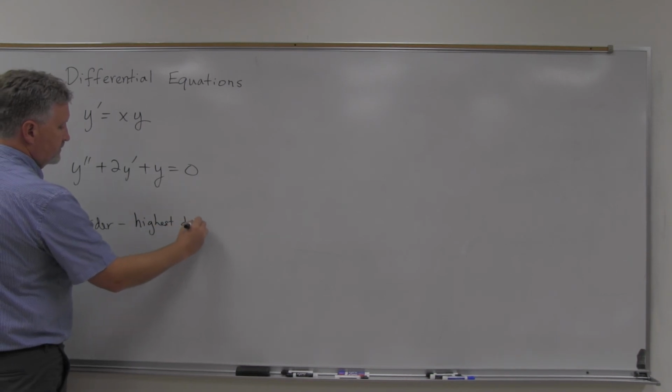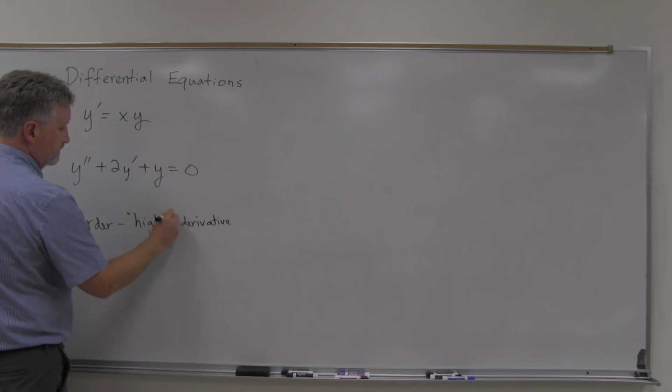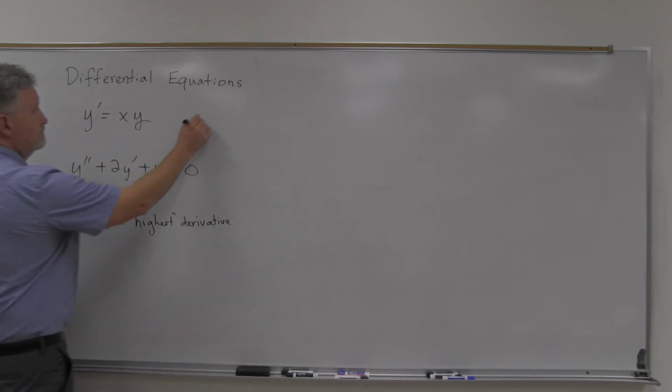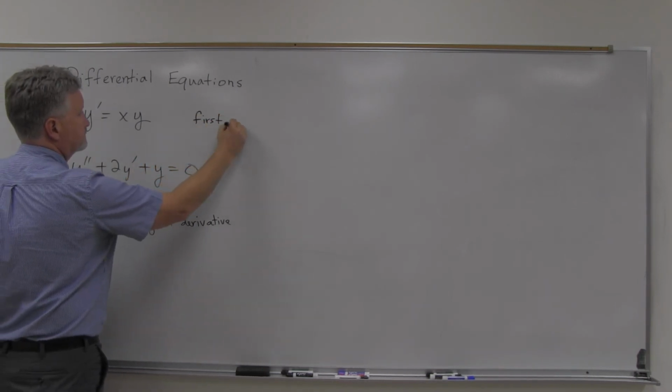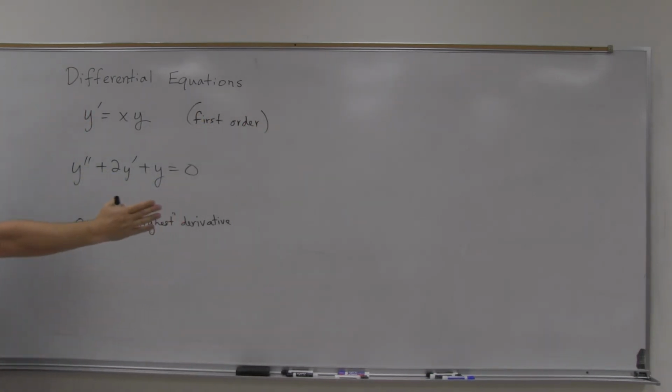So the first one I have here has y prime, so that's a first order differential equation. The second one I've listed has a second derivative and a first derivative, so that would be a second order differential equation.